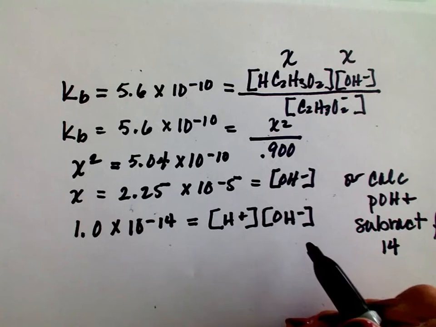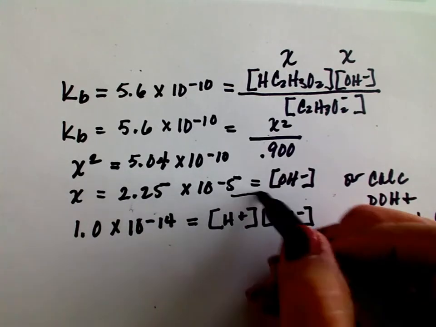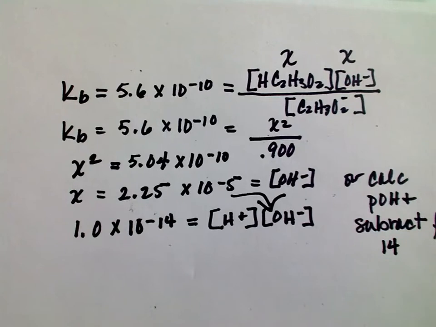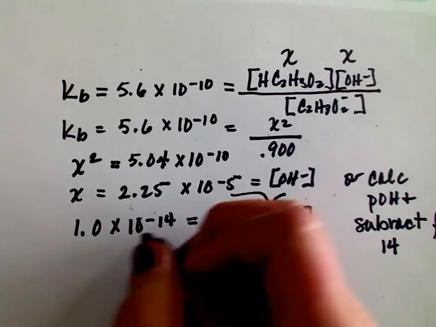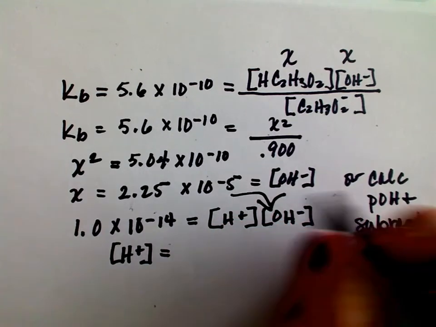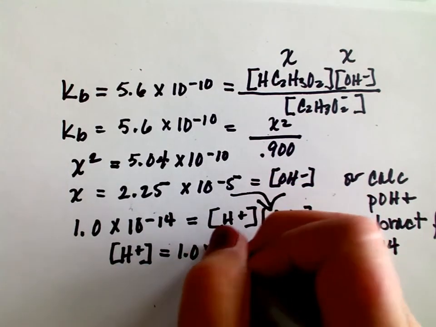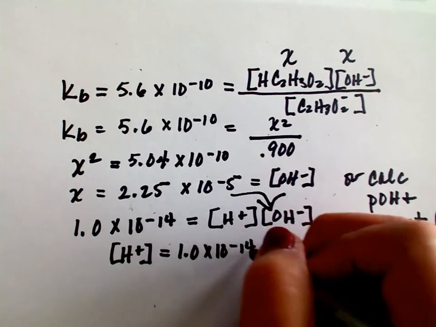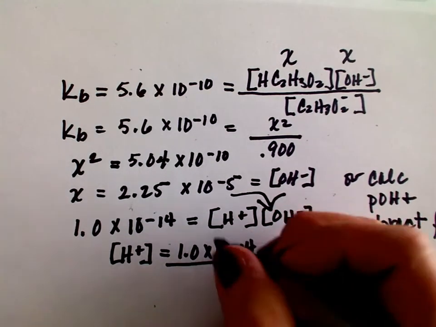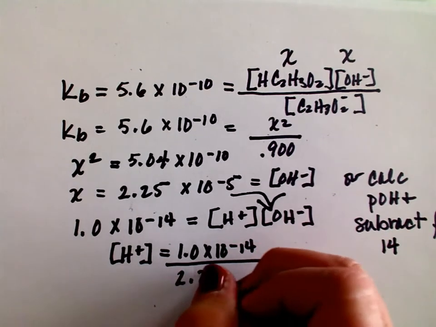We know we calculated hydroxide ion concentration. So all we have to do is solve for hydrogen ion, and that is by dividing 1.0 times 10 to the minus 14 by the hydroxide ion concentration, 2.25 times 10 to the minus 5.